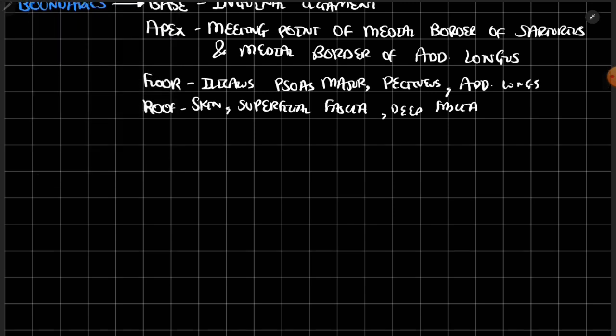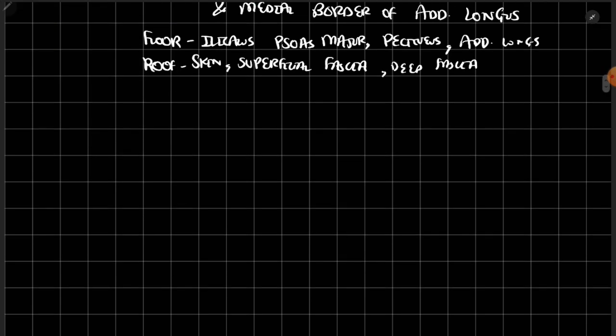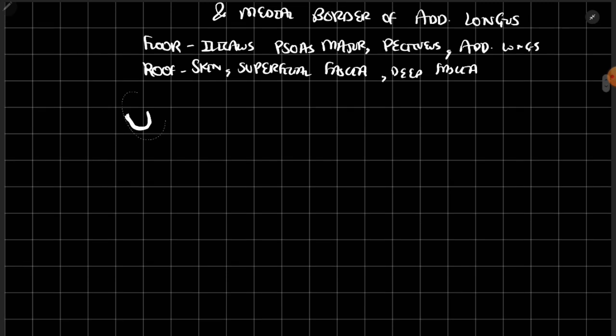Okay, what we have said is that the base is the inguinal ligament. So this is the ASIS, anterior superior iliac spine. Then let me draw the pubic tubercle somewhat like this. So basically this will be the pubic tubercle.